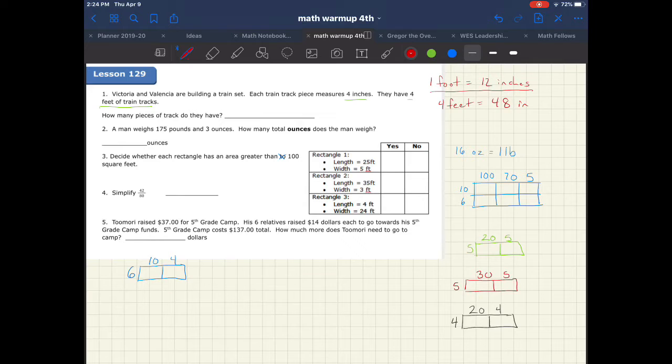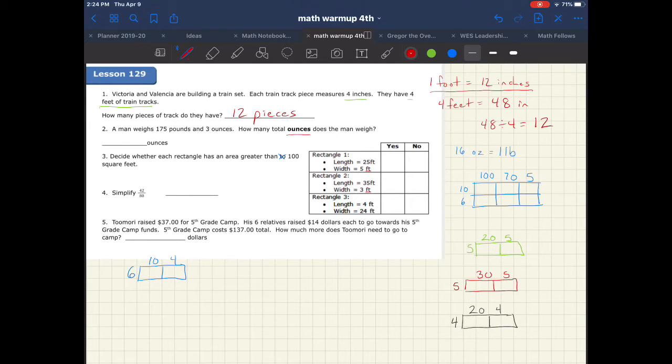So 4-inch pieces, so how many 4s are in 48? 48 divided by 4 would equal 12. So they must have 12 pieces of track.